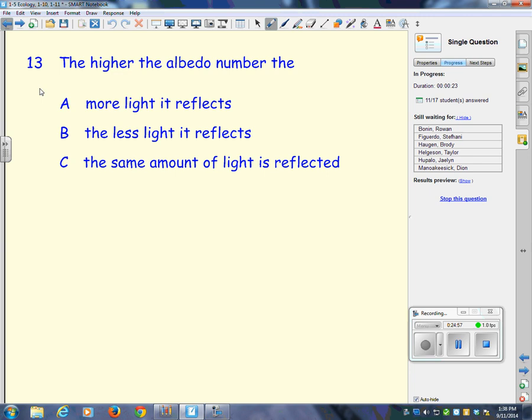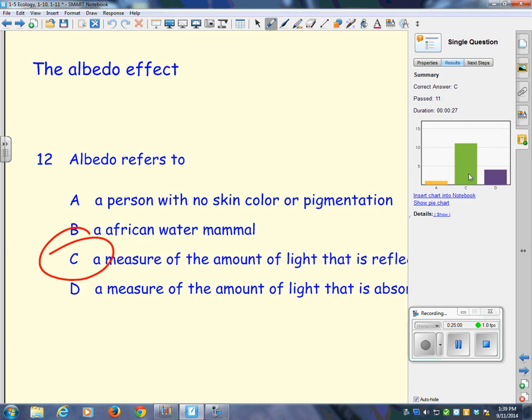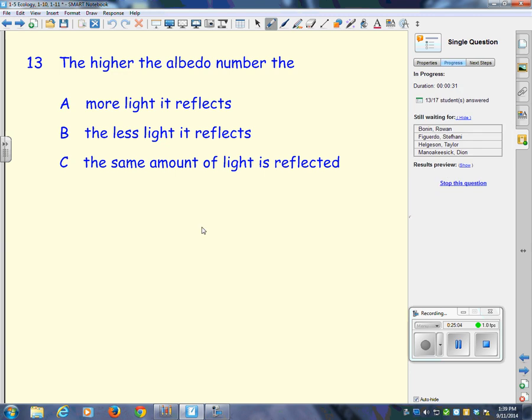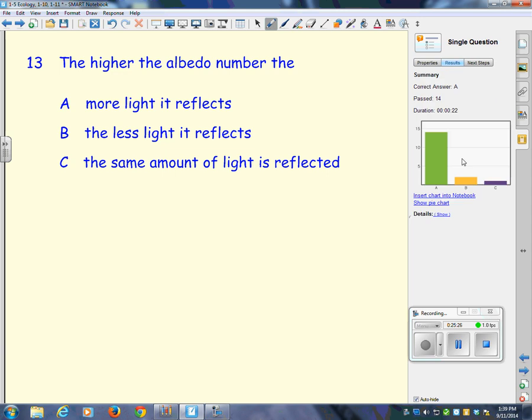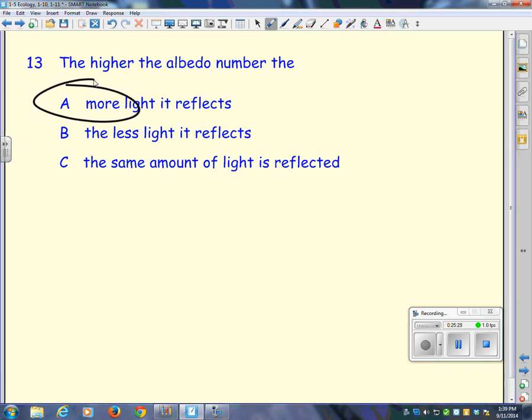It was the amount of light that is reflected, C. So, higher albedo number, the more, less, or same amount? Correct answer? Yeah, A. The higher the albedo, the more light reflected.